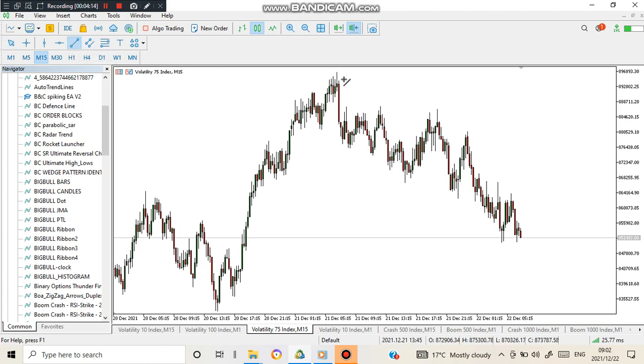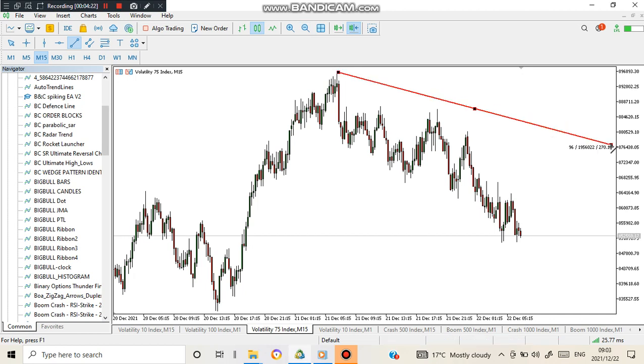We are supposed to draw a pattern like this. I'm just going to draw my pattern, my trend line. So what are we waiting for now?